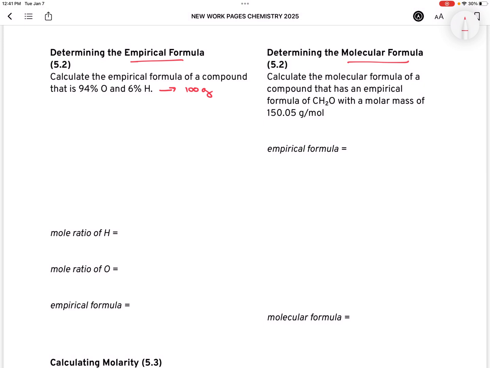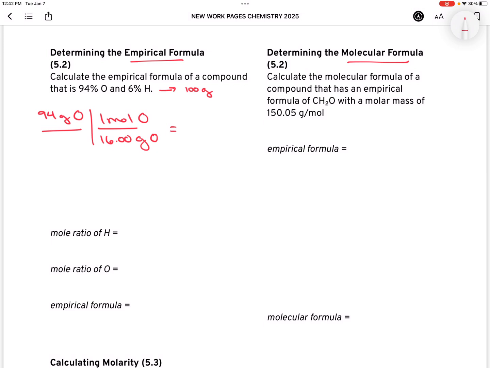So we're going to put this into a picket fence, and we're going to break it apart so that we can find our mole ratio. We have 94 grams of oxygen. We'll put that into our picket fence, and we need to convert it into moles. And if you've watched the previous videos, 1 mole of oxygen is equal to 16.00 grams, okay?